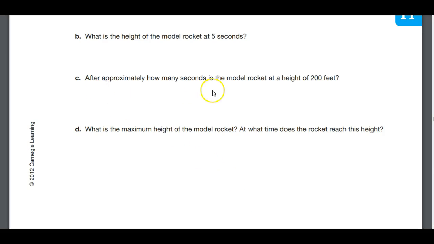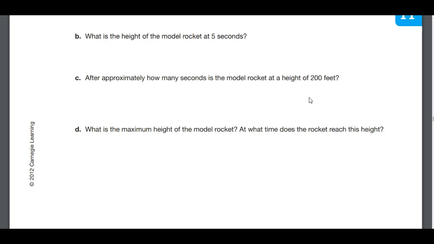Okay, after approximately how many seconds is the model rocket at a height of 200? For that I am going to trace. So let me remove the split screen table, remove the table, and then I'm going to do a Menu, 5 for a trace, 1 for a graph trace, and I'm going to go to the left first.